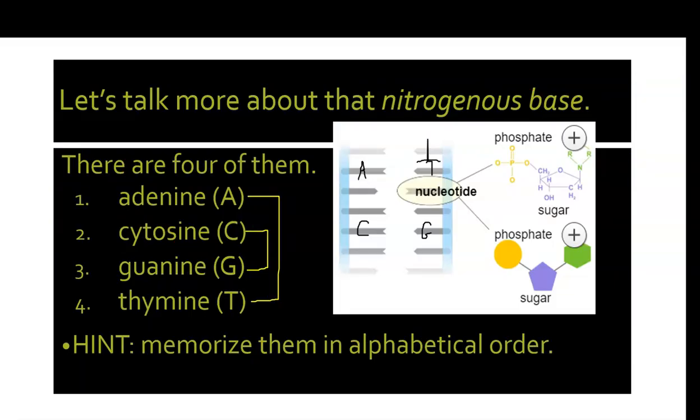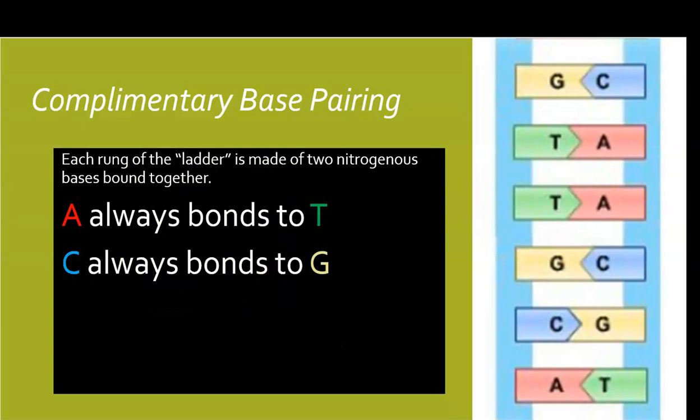Remember, A to T, C to G. A always bonds to T, C always bonds to G. And you can see it here on the right. We have a sugar phosphate backbone, and we have a nitrogenous base of cytosine bonding to the nitrogenous base of guanine.